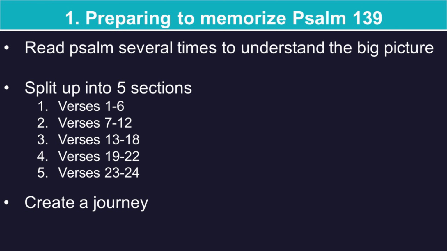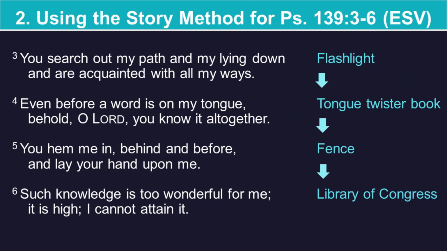Then I used these sections to apply the journey method to remember the order of verses. If you would like to learn more about the journey method, check out my step-by-step tutorial using Matthew chapter 6 as an example.